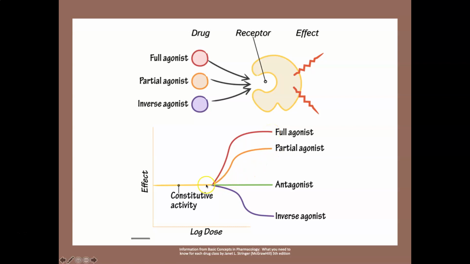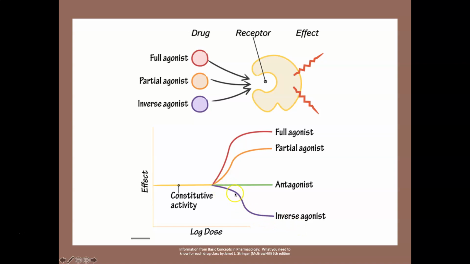Then you have an antagonist in the green here at the bottom. The antagonist says nothing's happening, and if something's happening, it's reversed. An inverse agonist is this purple. And when it binds, it essentially says, well, it's just not going to happen. Or if it happens, it'll be minimal.